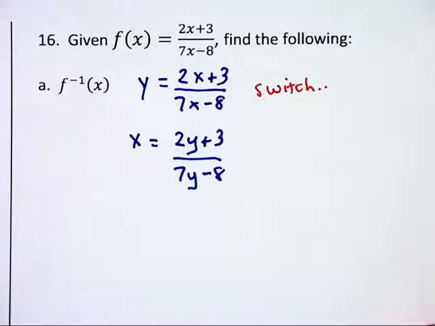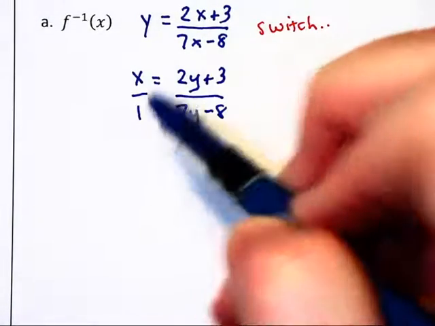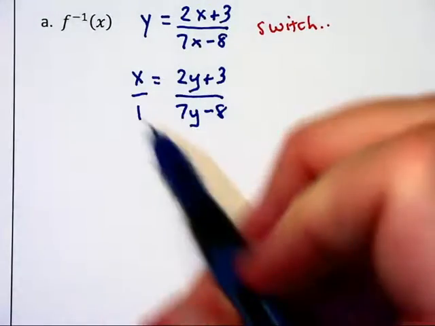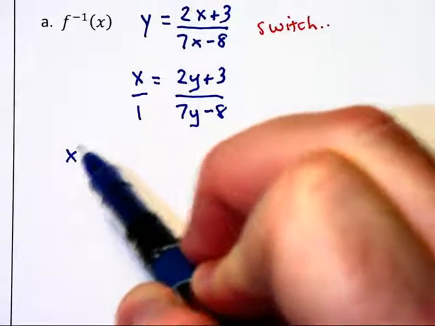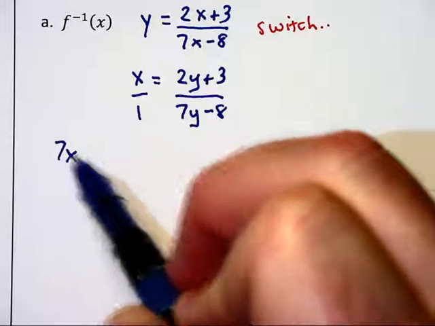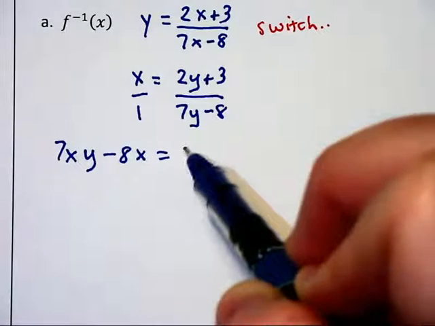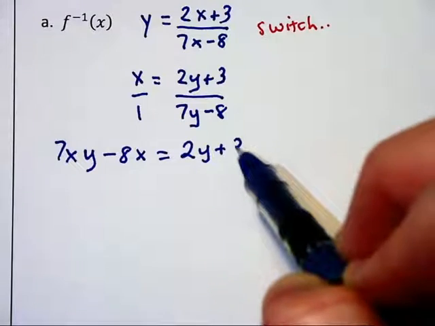Now we've got to solve for y. To do so, I'm going to put the x over 1, and I'm going to cross multiply. One diagonal becomes x times 7y minus 8, so I will write that as 7xy minus 8x, and the other diagonal will be 2y plus 3.